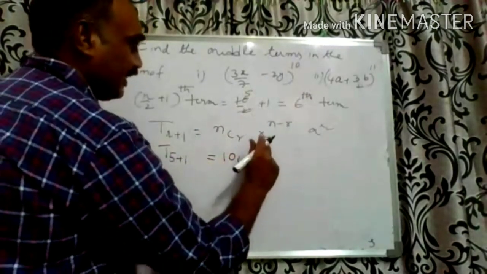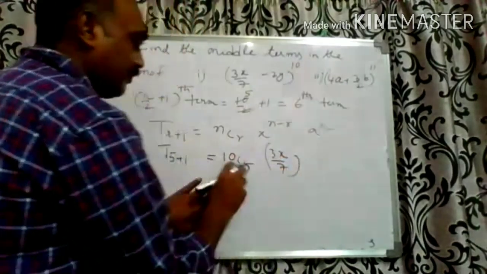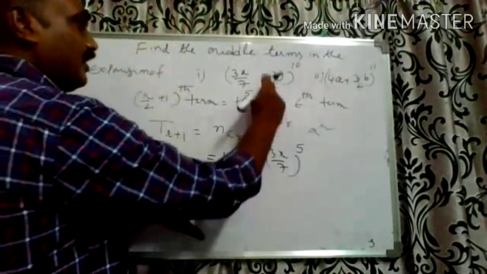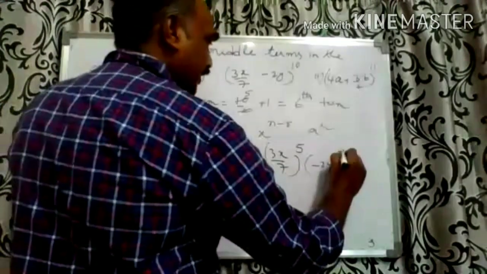So it is 10C5 into 3x by 7 whole power n minus r, that is 10 minus 5, 5, into a power r. Here a is minus 2y, whole power r, whole power 5.